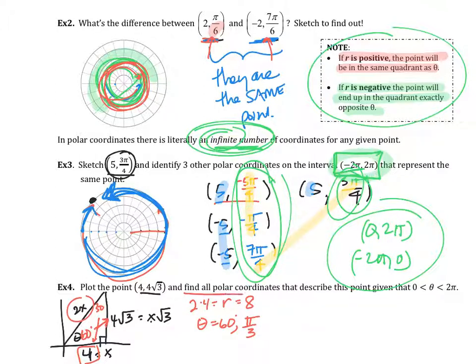So it says find all polar coordinates that describe that from 0 to 2π. Well, the first one is going to be (8, π/3), right? So we go out 8 and rotate up π/3. And then my only other option is to go negative 8.